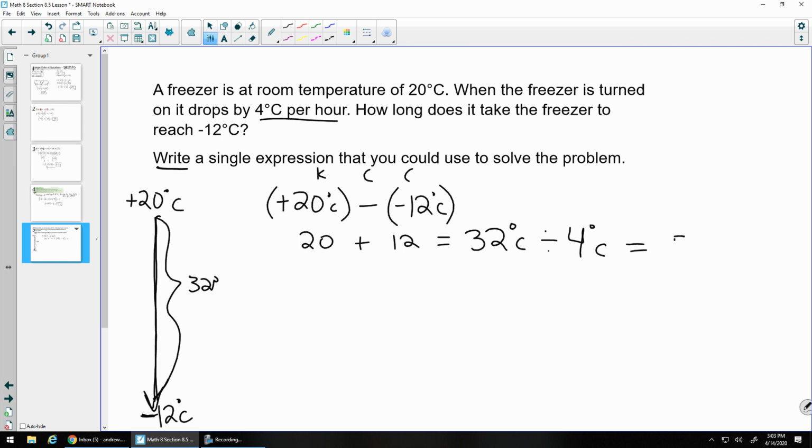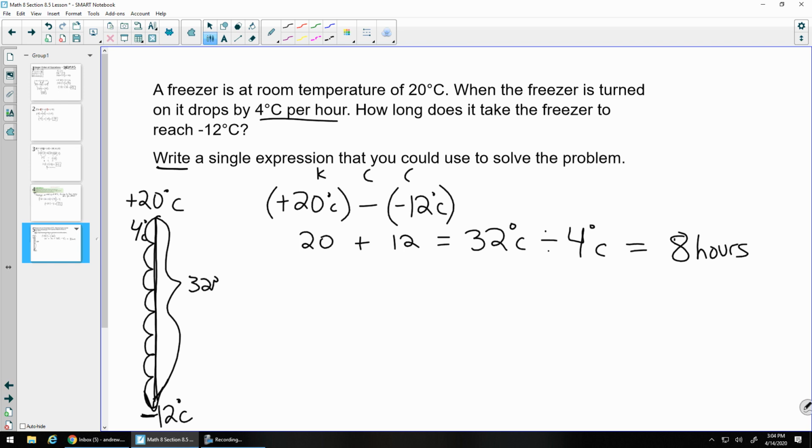So it'd be 8 hours, because 4 degrees Celsius fits into 32 8 times. It would take 8 drops of 4 degrees Celsius to reach negative 12.